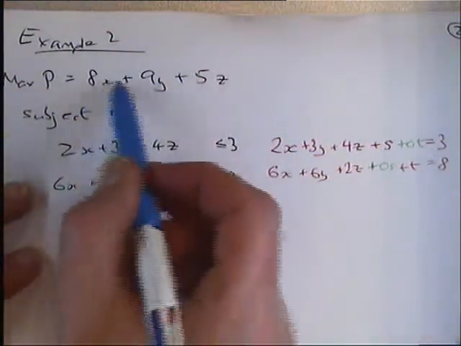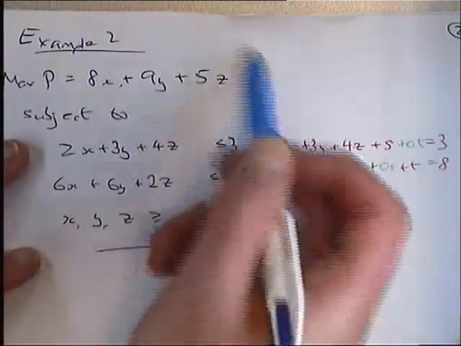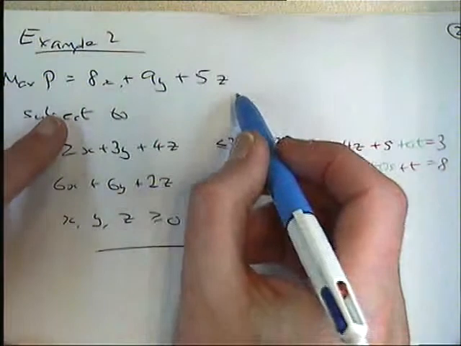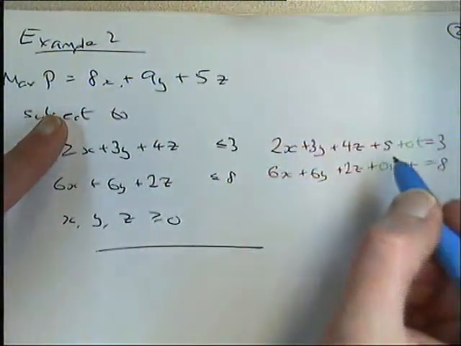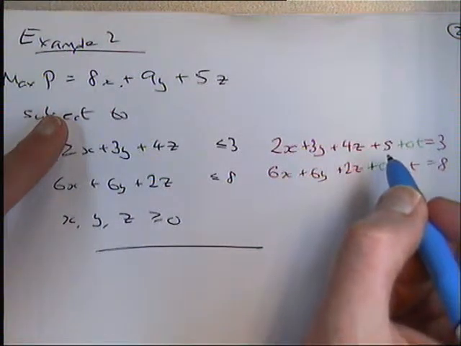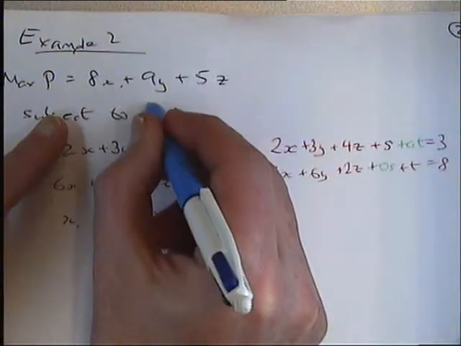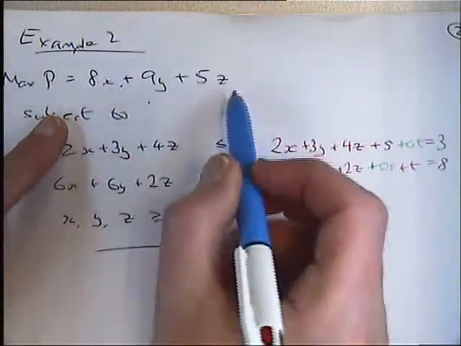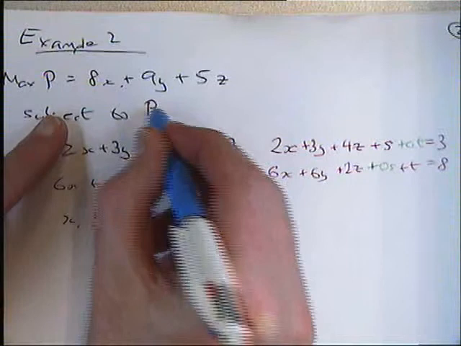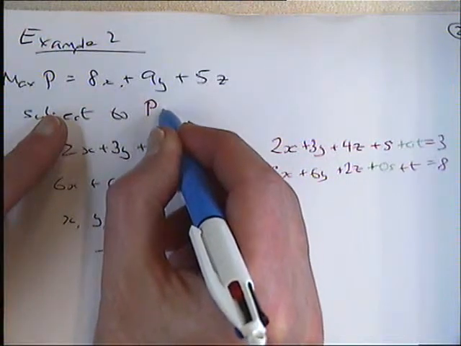We made it equal to 0 by shifting all of this stuff onto the other side. So Sam, how will I rewrite this objective function? Which one, Jess? Oh, the top one. The top one, yeah. I'm going to start with my P. Minus 8x.